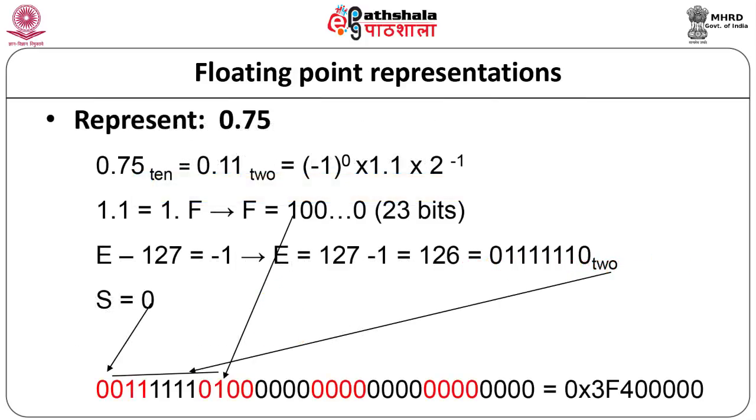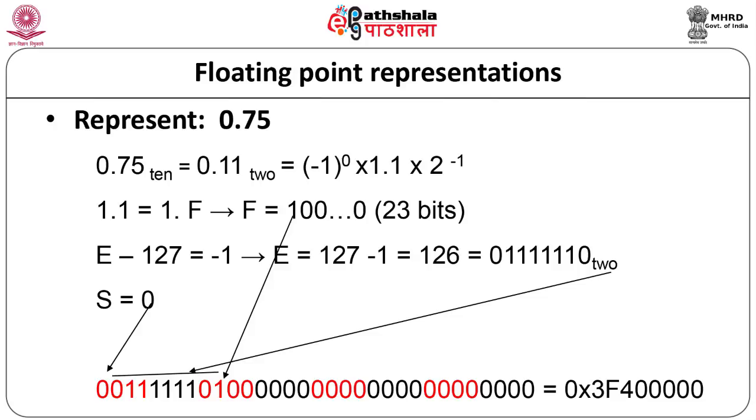Let us consider an example of floating point representation. Let n equal 0.75. It is represented as 0.11 in binary. In normalized form, it is represented as -1 raised to 0 multiplied by 1.1 times 2 raised to minus 1. In this, the significand has 1 point implied. The fraction in binary is 100 followed by zeros, 23 bits.